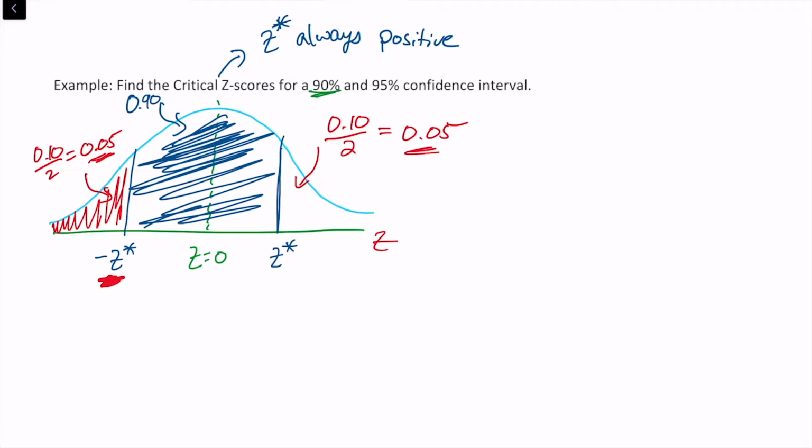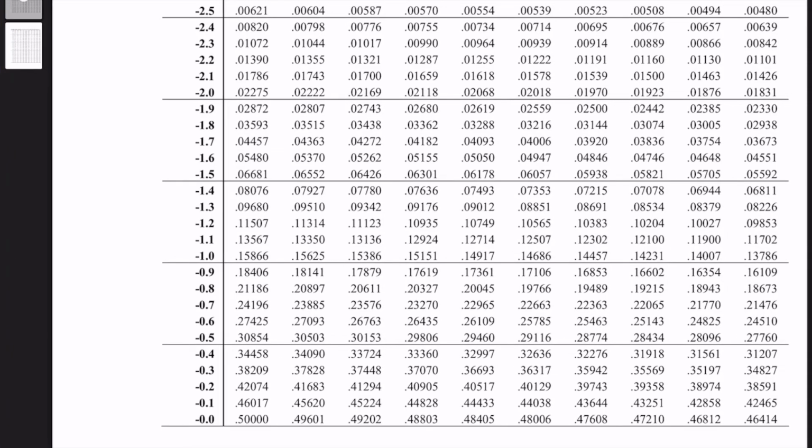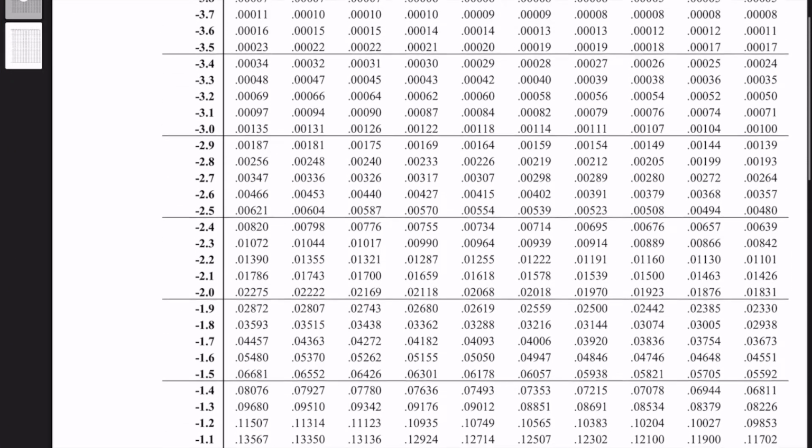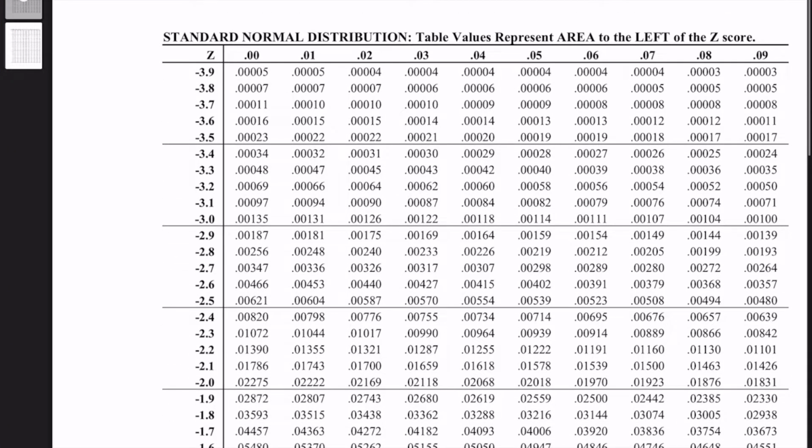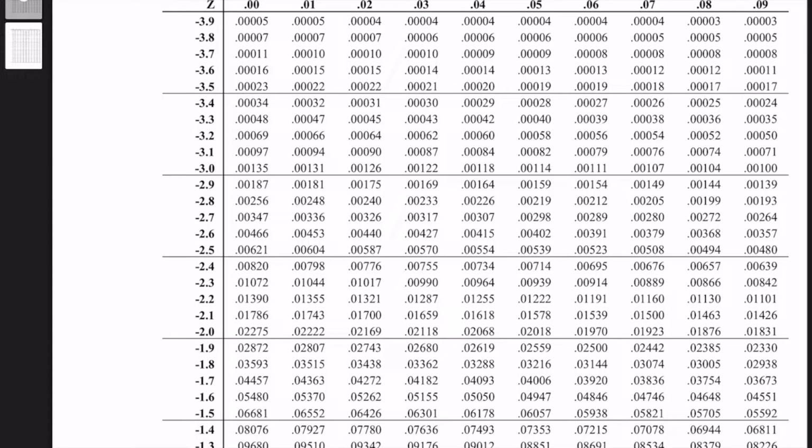So what we're going to do is a reverse lookup. So I'm going to pull up some z-tables here. And we are going to find the area inside the table as close as we can to 0.05. And then we're going to back out what that z-score is. And that'll be our answer. Okay. So here's the z-tables. And so remember, we're trying to get as close as we can to a 4-digit area of 0.0500.